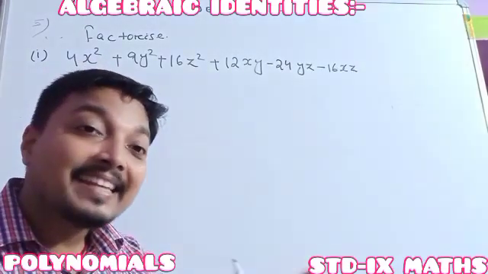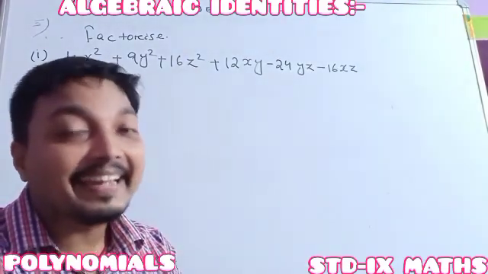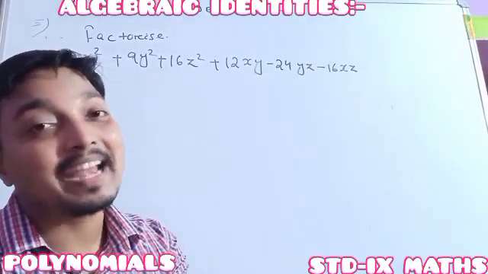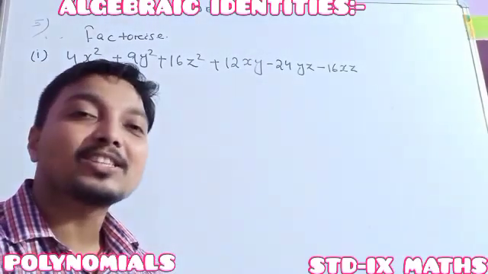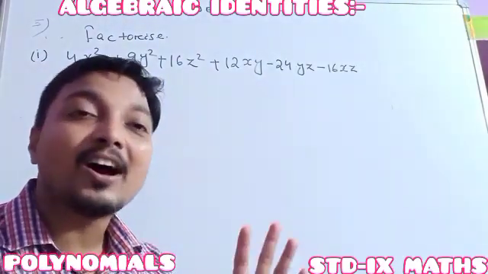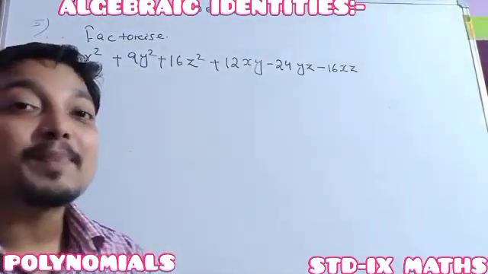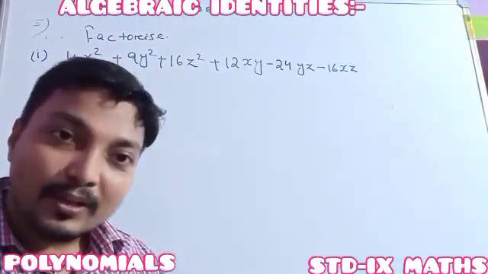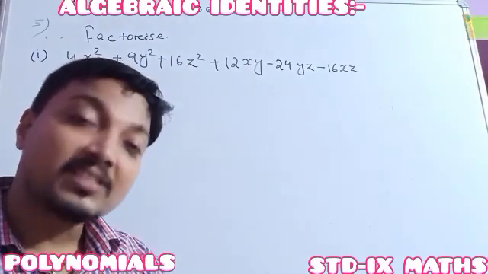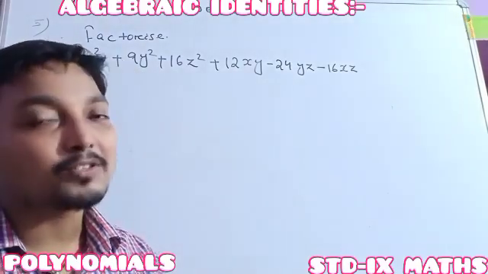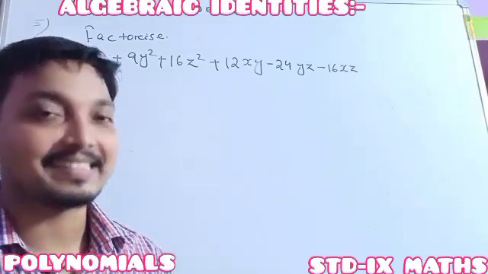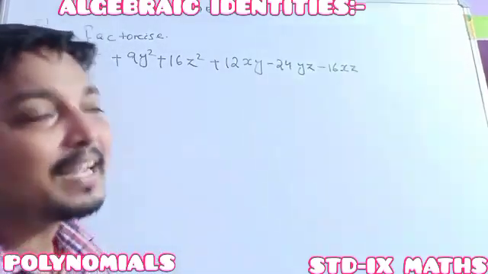So that one it is related to our algebraic identity x plus y plus z square. Whose expansion form having the 6 number of terms. Understood? So for which its expansion form it is x square plus y square plus z square plus 2xy plus 2yz plus 2zx.